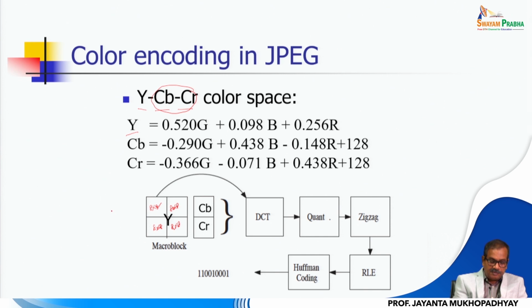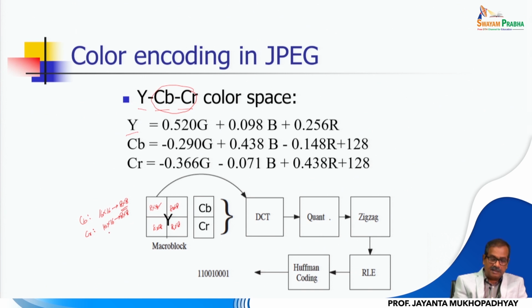So, that means from the 16x16 block I will downsample it to an 8x8 block, and that I will compress for Cb. Similarly, for Cr also, from that 16x16 I will downsample to 8x8.